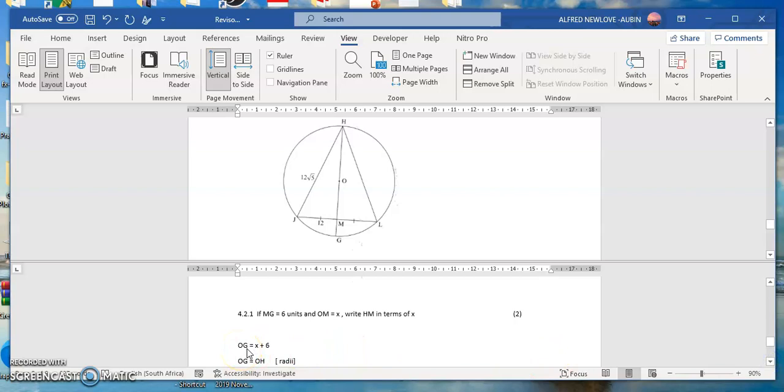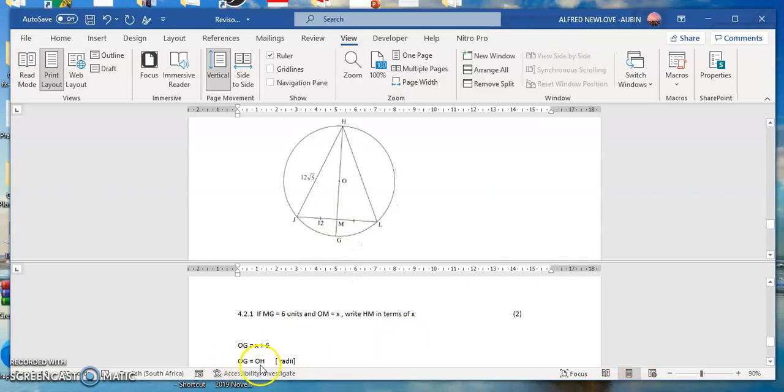We can say that OG is equal to X plus 6. Remember, OM is X and MG is 6. It was given in the question. So X, that is OM, plus 6 is equal to the radius, which is OG.